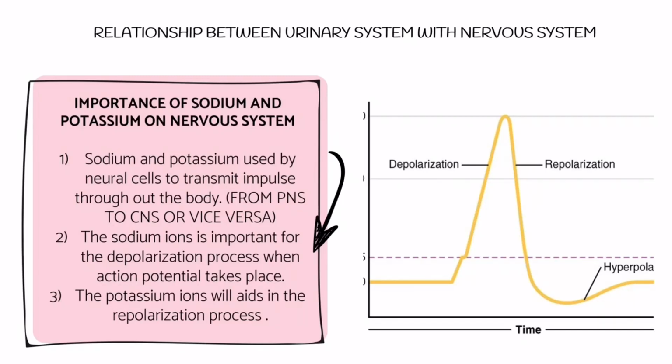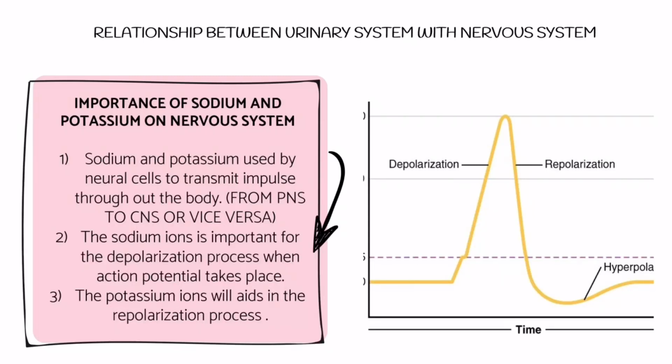As we can see here, this is the action potential graph of the neurons.